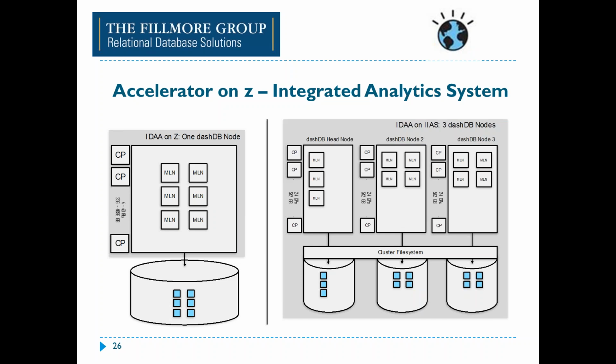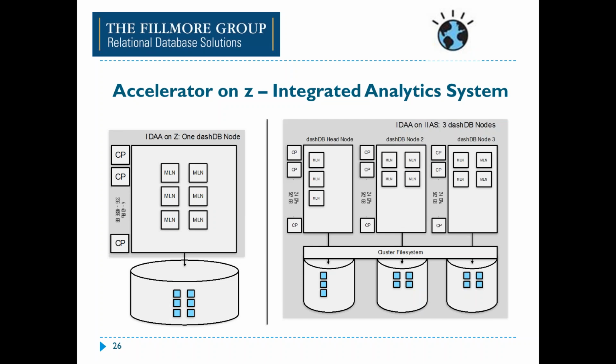It runs on the IFLs. You're going to use System Z memory, and you're going to use System Z storage, the same way you do for Db2 for z/OS. So there are some pluses and minuses, some benefits and some drawbacks, to co-locating the Accelerator on Z on the same platform where you're running Db2 for z/OS today.